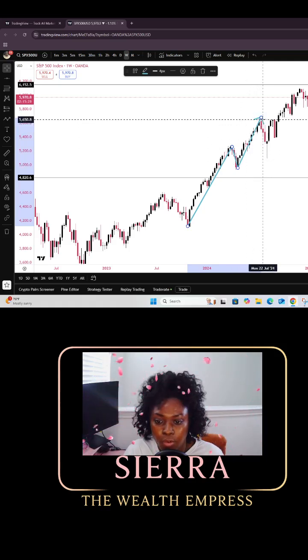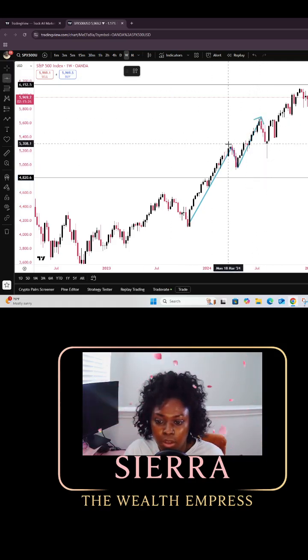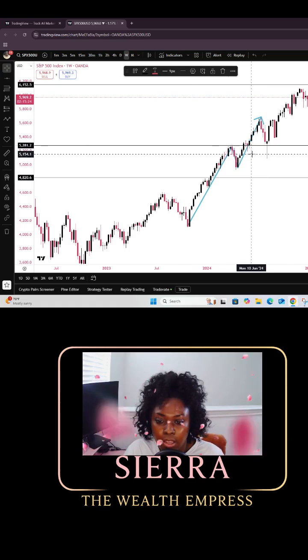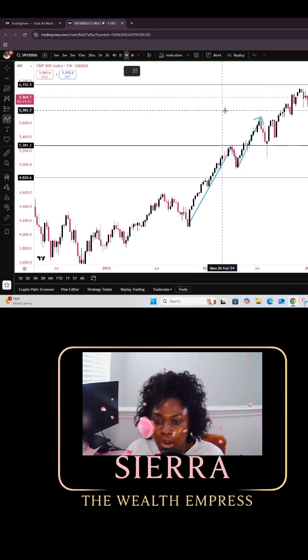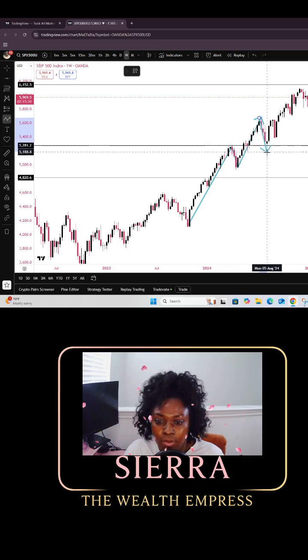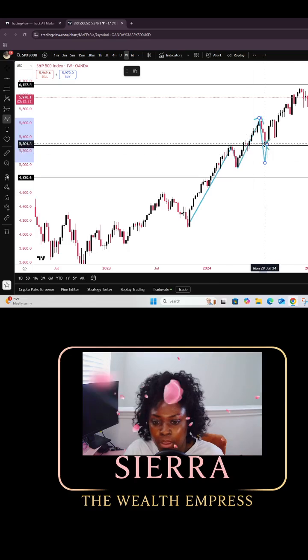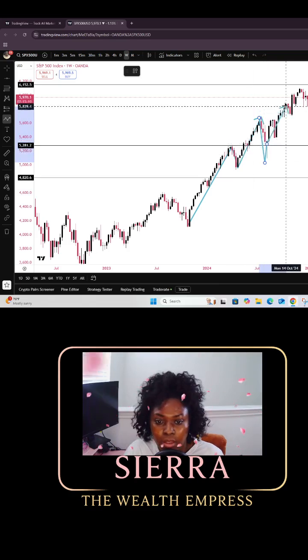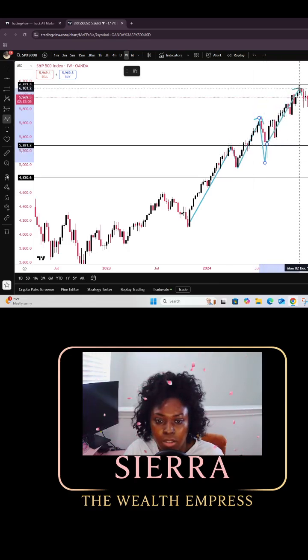This was our full breakout of this high. And as you can see, price pulled back to retest it. It came underneath, but ultimately price closed above this zone. Okay. And then took us to here, here, and here.